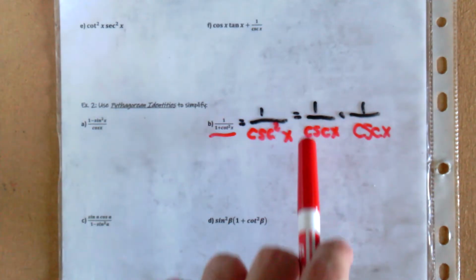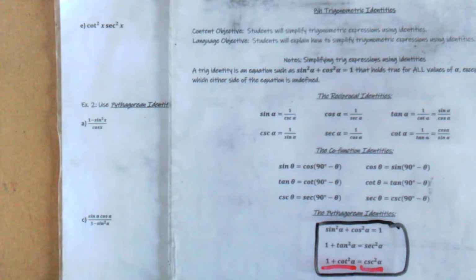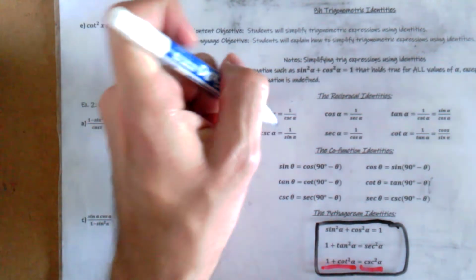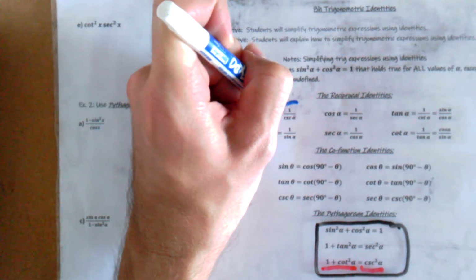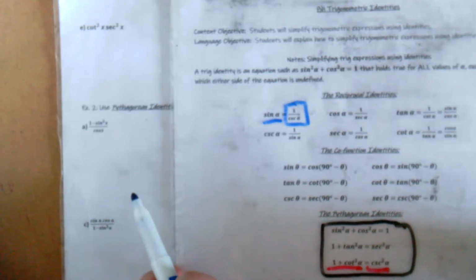Okay. But also remember that 1 over cosecant is the same thing as sine. So 1 over cosecant is equal to sine, as you might recall from earlier.